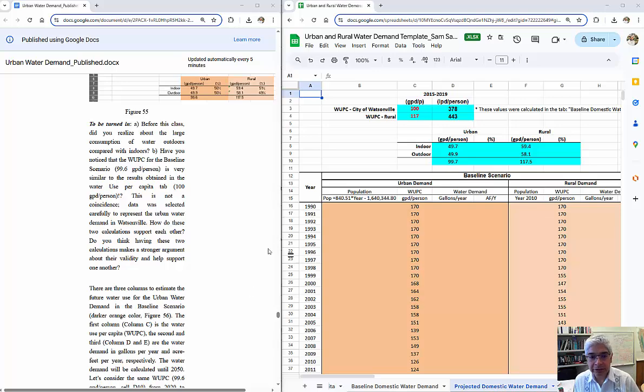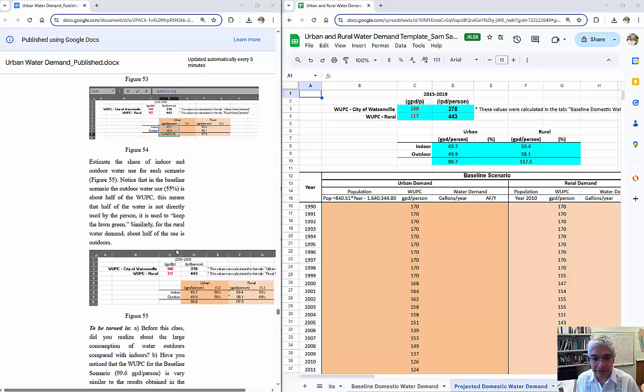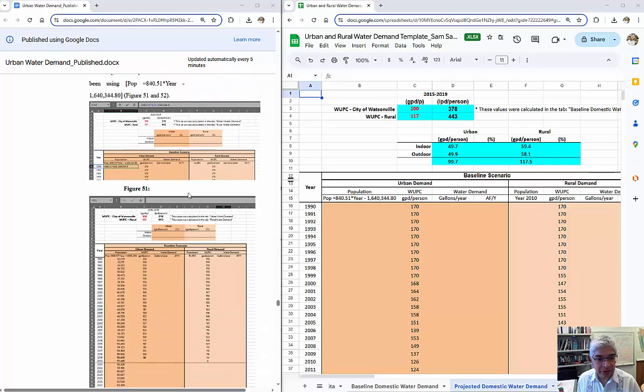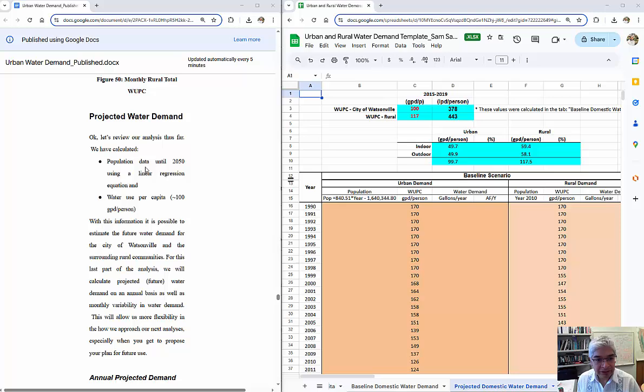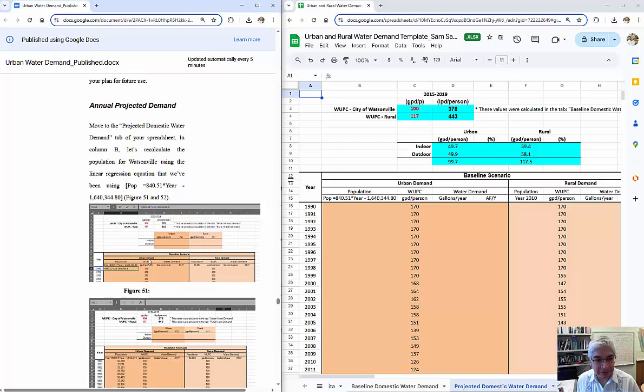So for the last part, now we need to predict the water demand in the future. So we finish this portion here, and now let's predict the population and the water use per capita until 2050. So the first thing is that we need to recalculate here the population, and this is actually quite simple.